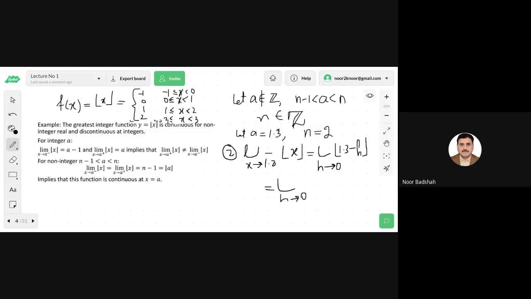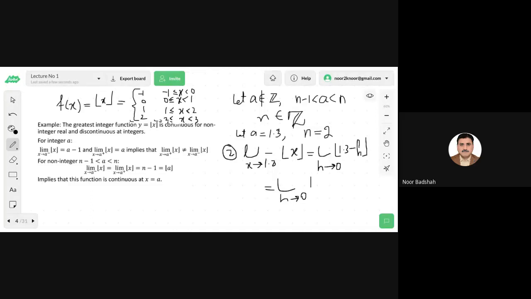1.3 minus h. You see, 1.3 is in the interval 1 to 2. If we subtract a very small positive number from 1.3, will it not be in the same interval? 1.3 is between 1 and 2, and if you subtract a very small number like 0.01, it will also remain in this interval. It means the greatest integer of 1.3 minus h is still equal to what?